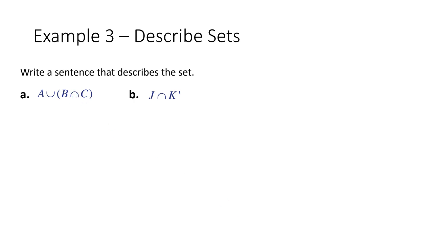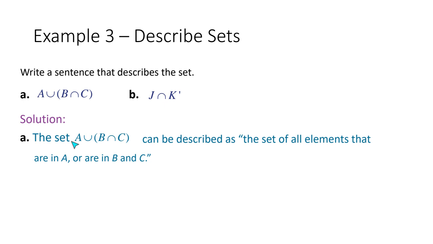Okay, so a possible answer here could be that the set can be described as the set of all elements that are in A, so everything that's in A, or, so that's my symbol for union, so or, are in B and C. Okay, so notice we're using the word or and.